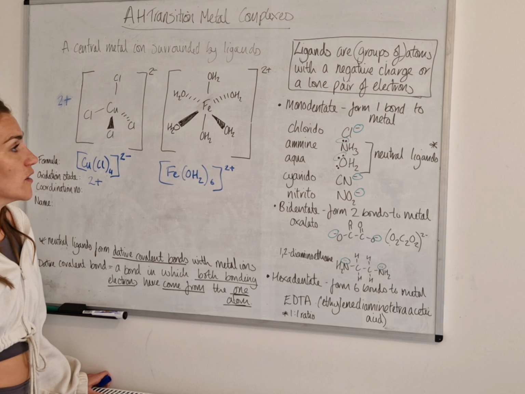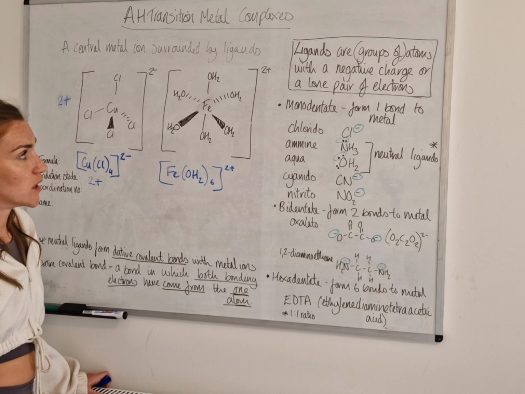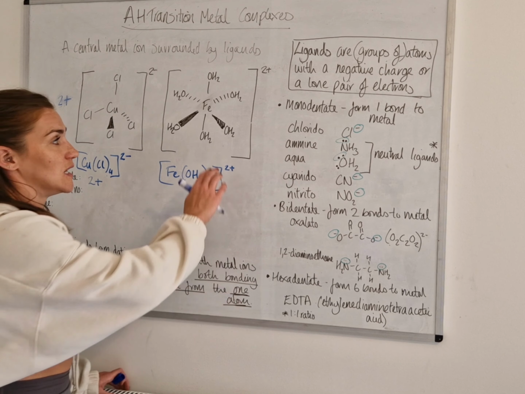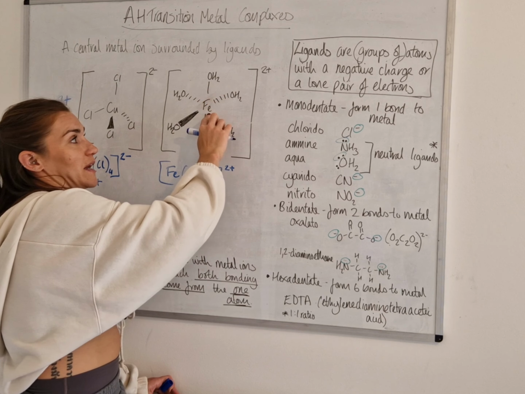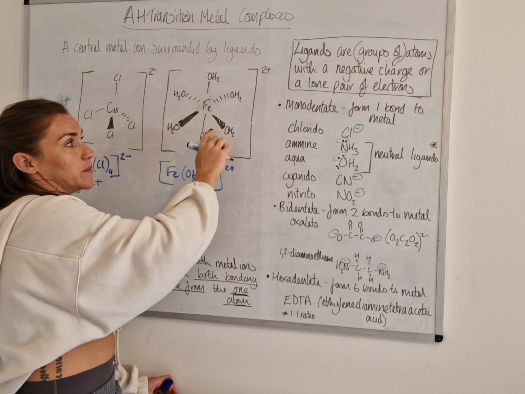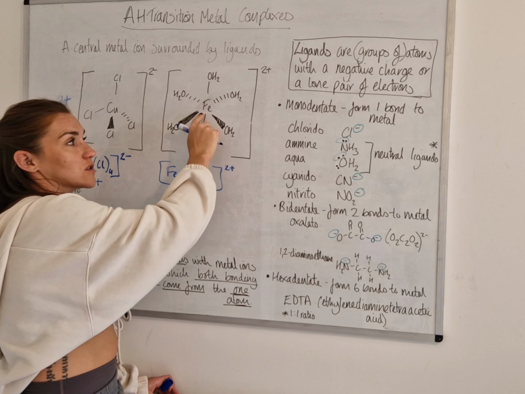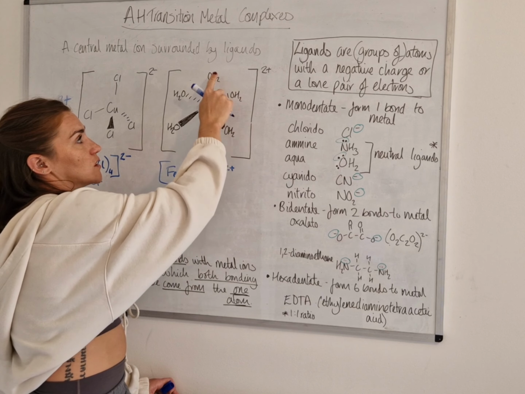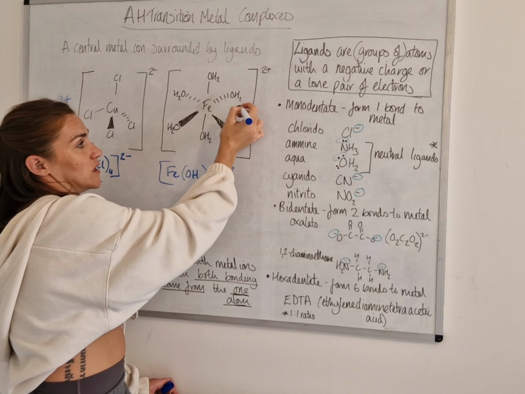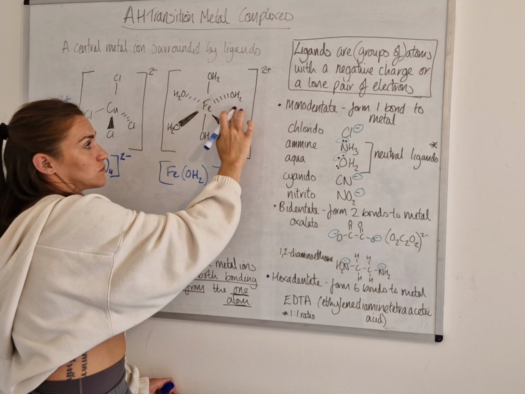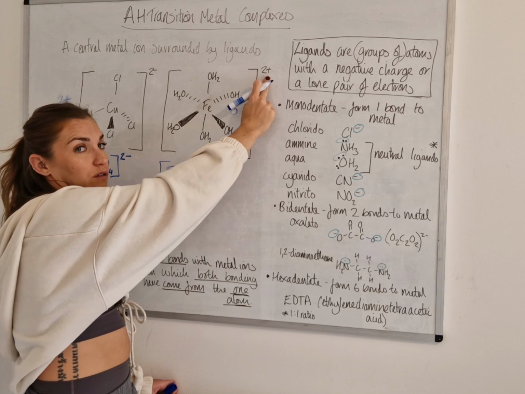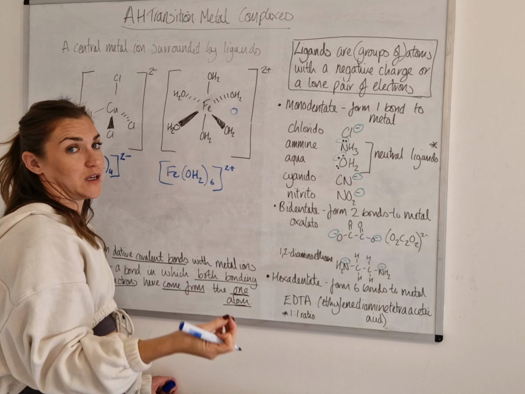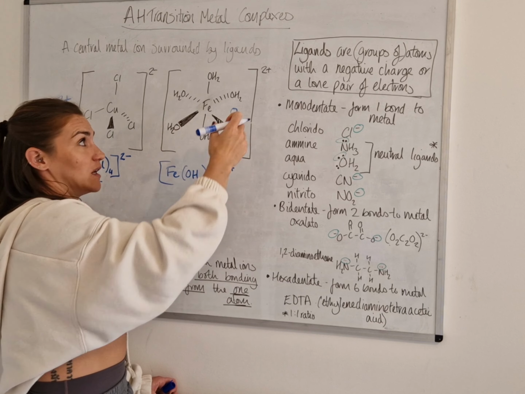If we then look at the iron, so water is one of our neutral ligands, which means it doesn't actually affect the oxidation state of the metal, so it doesn't take any electrons off the metal atom, because remember, it bonds with it by donating its lone pair of electrons to form that dative covalent bond. So because all of the ligands are neutral ones, essentially this iron has an oxidation state of 0. However, there's a 2 plus on the outside here, which means 2 electrons have been taken away somewhere else by something else.